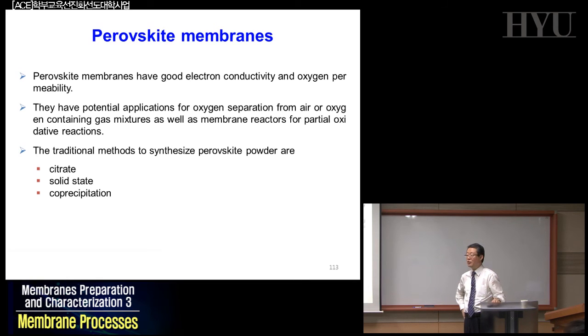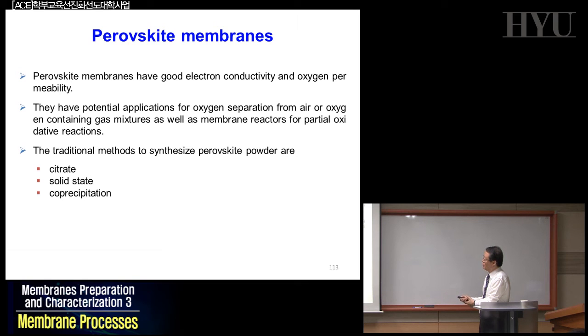We call that an ITM, ion transport membrane, to make 100% oxygen, and so we call this a perovskite membrane, and we will see a little bit of chemistry from these perovskite membranes.